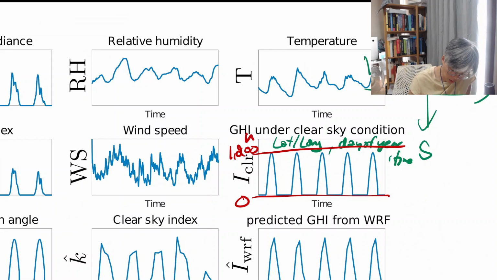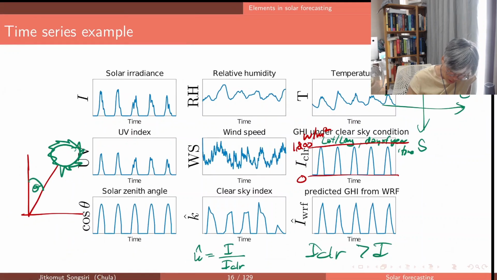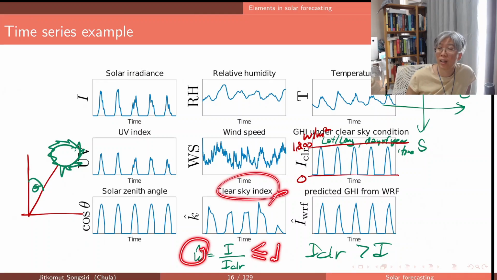The unit is watt per square meter. So the actual irradiance is typically less than the clear sky. So when you compute the clear sky index K, this number is typically less than or equal to 1. As the name suggests, the higher K is, the clearer sky you have.